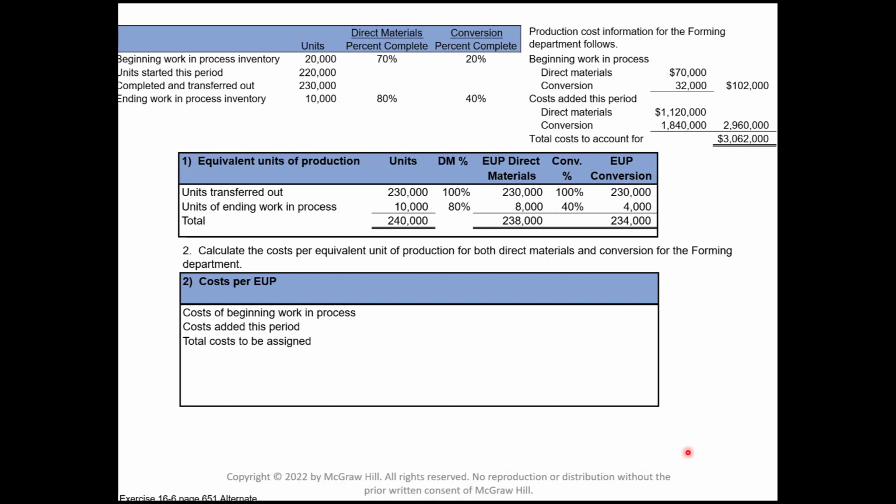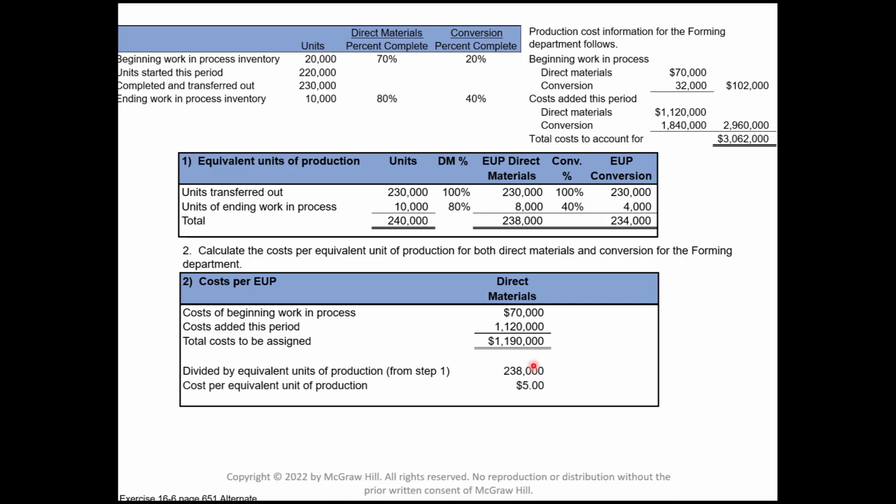Now we want to compute a cost per equivalent unit. So we're going to transfer a cost here. We had beginning cost of 70,000 and cost added during this period for materials of 1,120,000. So we get total cost. We will divide by the materials equivalent units to get the cost per unit.